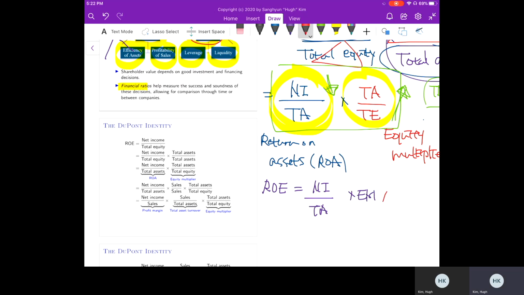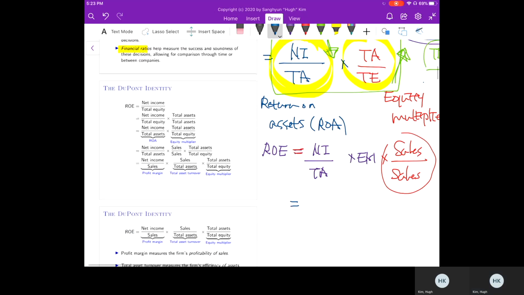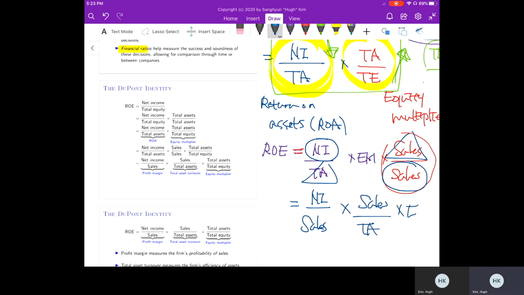So I'm going to multiply by sales over sales, which is 1. So this preserves equality. Then I'm going to rearrange this a little bit. So net income over sales times sales over total asset times equity multiplier.